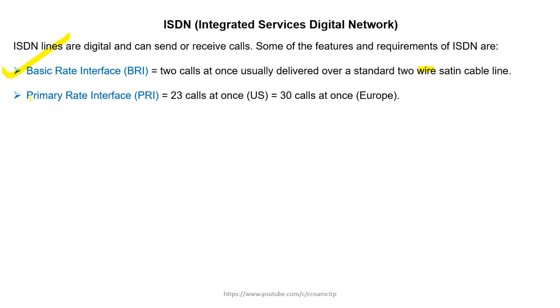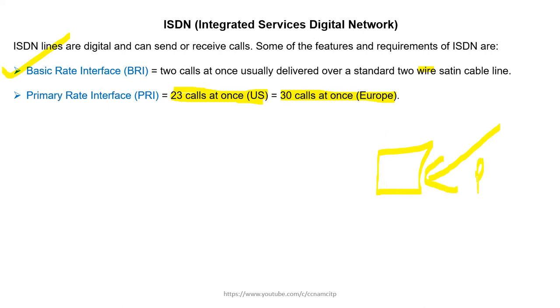And if you are using PRI, so PRI is primary rate interface. So 23 calls at once in the US, and 30 calls at once in Europe. So for example, you have taken one server and one PRI connection.